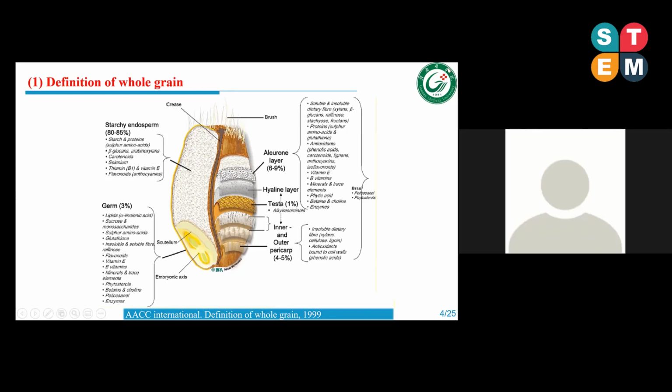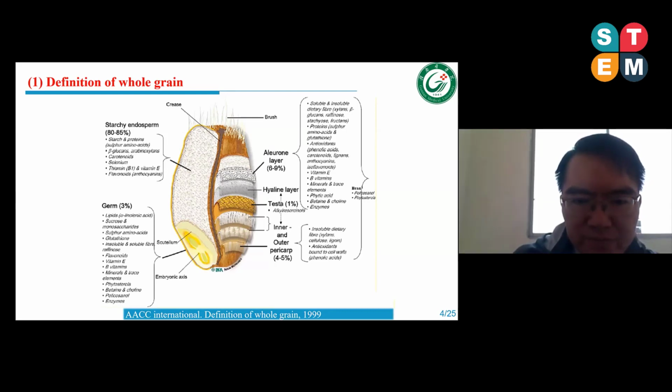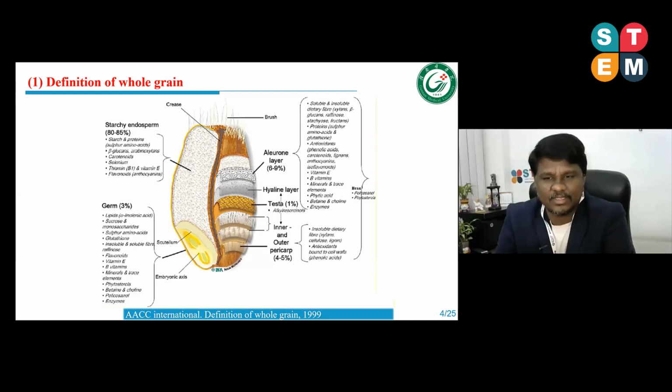Okay, so you separate the components first, right? You didn't extract the whole grain, or you extract only part, right? Yeah, right. Thanks. Thank you, Professor. Thank you so much.